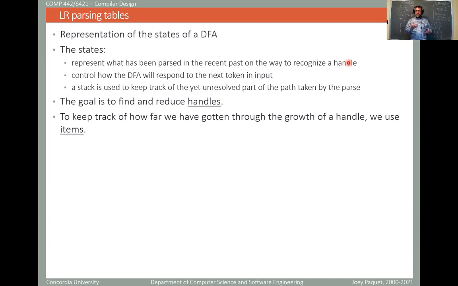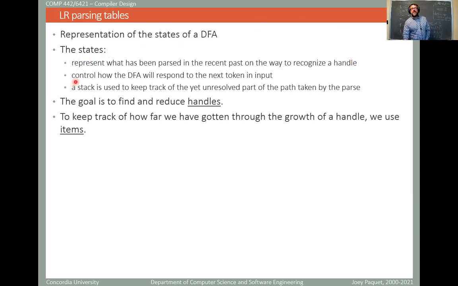That's why you need to remember where you are right now, what's your context, so that depending on what state you are in, you'll make a different decision. And depending also on the next token in the input, you will go to a different branch in your DFA.